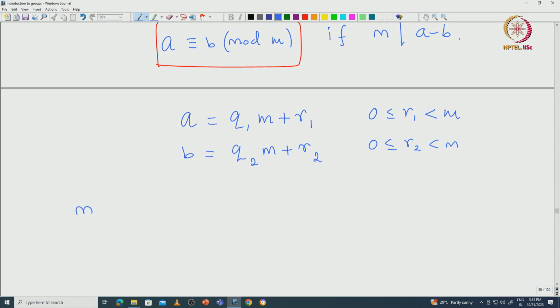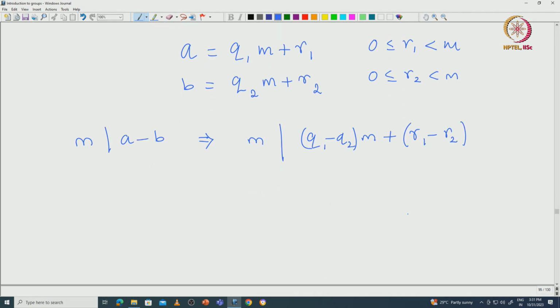If M divides A minus B, then that immediately implies that M divides (Q1 minus Q2) times M plus R1 minus R2.